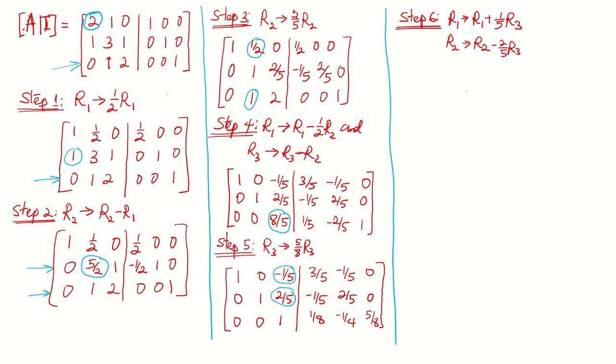I'll perform the first operation, row 1 plus 1 over 5 row 3. Because the first elements of row 3 are 0, 0, this is going to be 1, 0. Then when you multiply 1 over 5 by 1, that is 1 over 5. Minus 1 over 5 plus 1 over 5 is equal to 0. So this will give us 0.